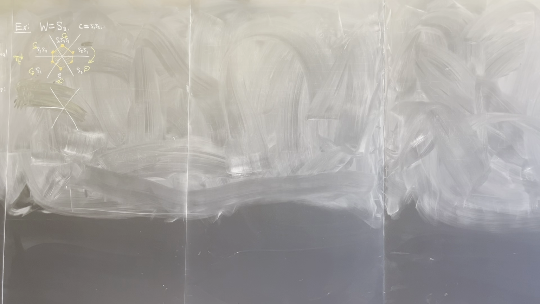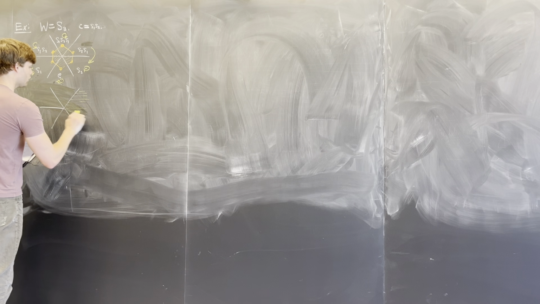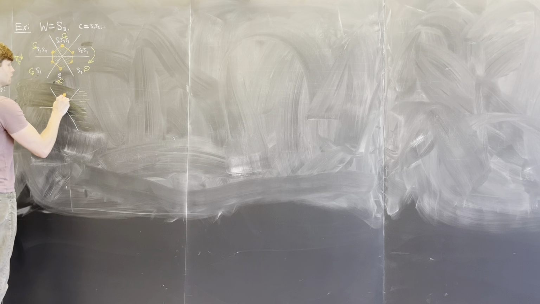And so now, I've glued this region here. And the polytope that I get, you can kind of imagine what's happened is I've taken my permutahedron, my hexagon here, and I still have this part.